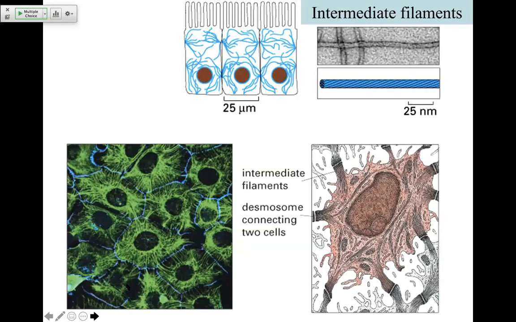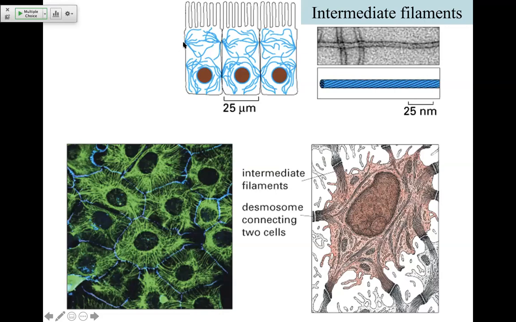Our intermediate filaments. These are the strongest of all of the types of filaments that are part of the cytoskeleton. These cable-like structures are about 10 nanometers in diameter. We may find them throughout the cytoplasm of an animal cell.